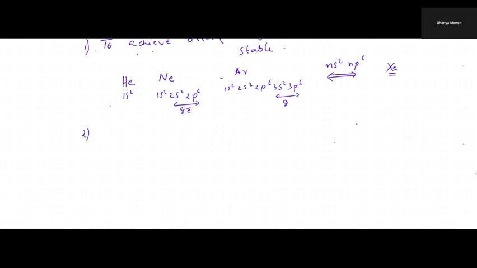Okay, the actual reason that they form bonds is to lower the energy of the system, or to lower the potential energy of the system.